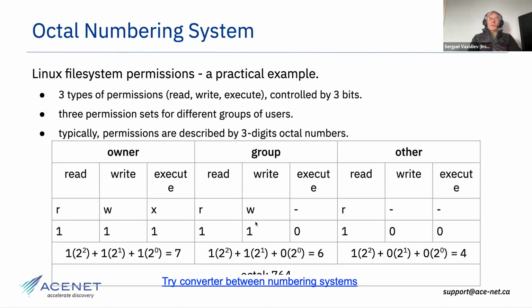No, that's not really 6. Write permission is the second bit, and its value is 2 to the power of 1, so it's 2. And finally, for the last digit, there are 2 bits set, read and execute, and this would be 4 plus 1, which is 5.